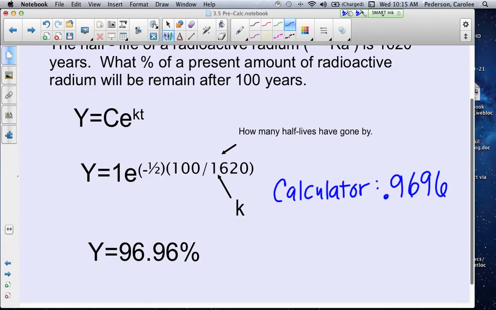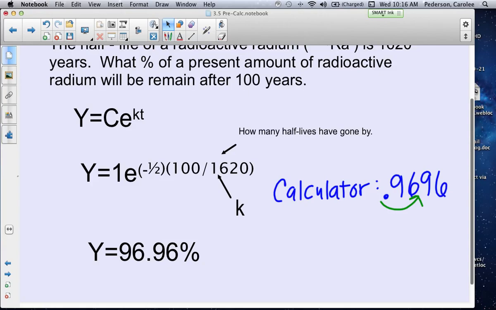But they're asking for the percentage. So then we have to just convert it two places to the right. So be careful there. So we have still left in radium about 97% of our initial quantity after 100 years, is what this problem is telling you.